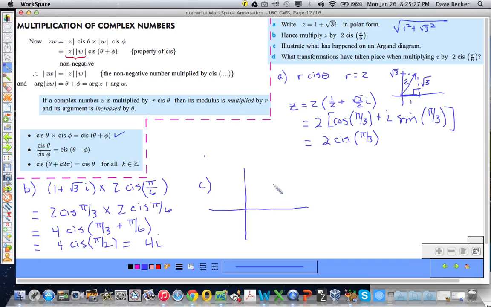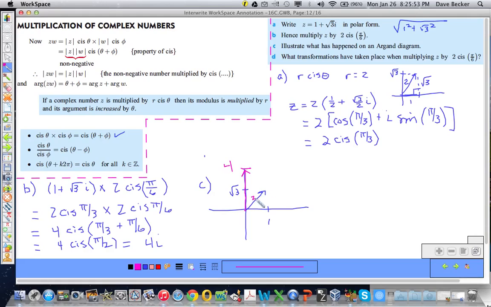Well, what just happened? We started off with 1 plus root 3i, and it looked like this. So this was 1, this is a bad scale, and this is root 3. And then we ended up with 4i, so that's all the way here. Real and imaginary, yes.